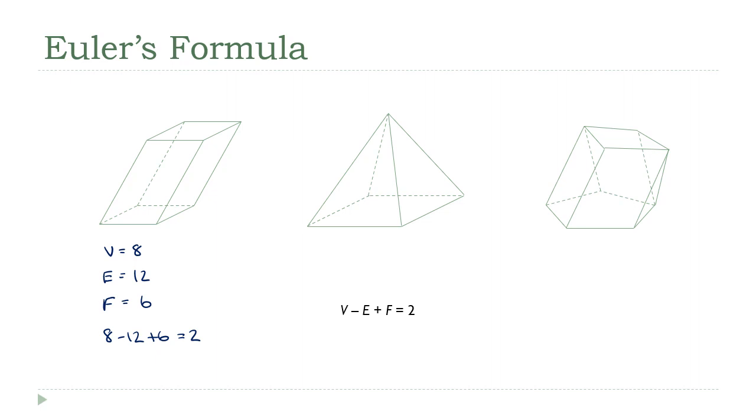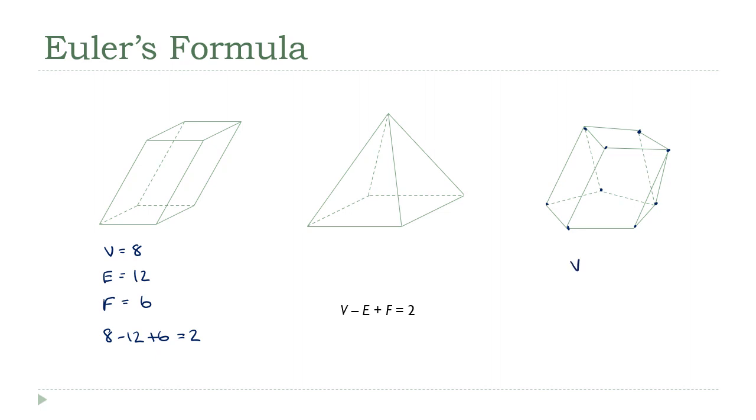Let's take a look at this one on the far right-hand side, because that's the one where things got a little complicated. And you'll see it's still not going to make a difference. If we count up the vertices, 1, 2, 3, 4, 5, 6, 7, 8, 9. I think that's it. I think I caught all of them. I didn't miss anybody.